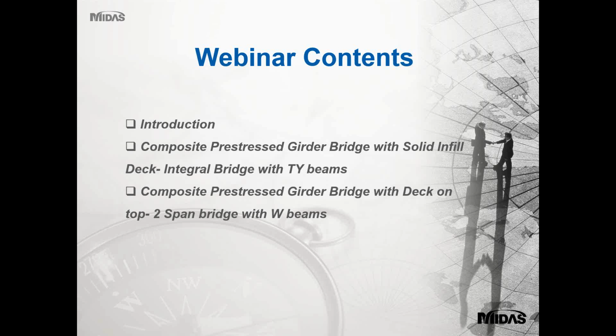And the second example is a traditional composite pre-stressed girder bridge with a deck on top. We'll be using W beams, which have recently come up. One of the manufacturers, Banagher Concrete, has played a good role in this type of beam.